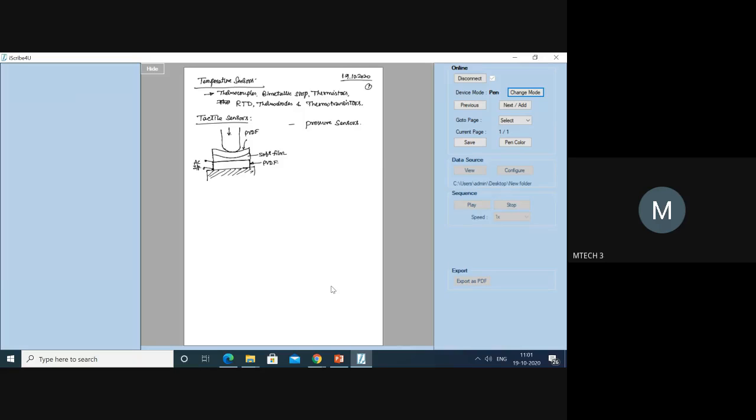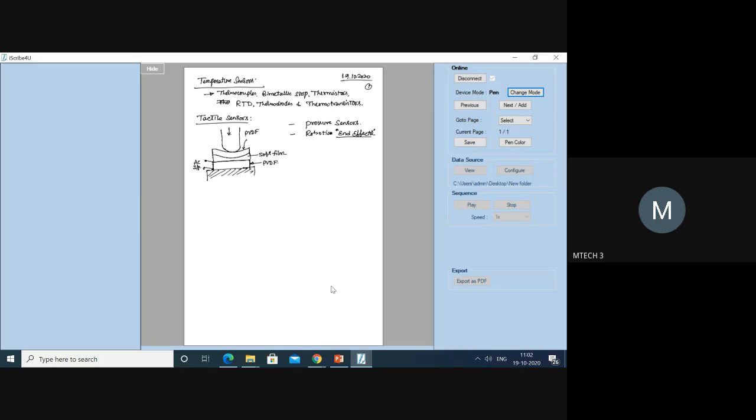Now, these are going to be used in the robotic end effector. Any idea about the robot's end effector? Which are used to grab something. Exactly.